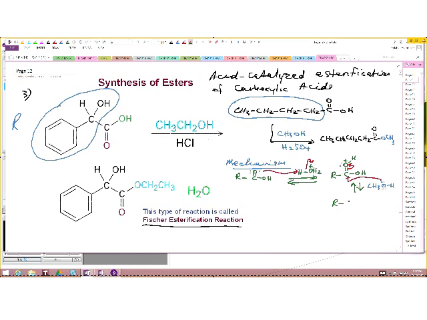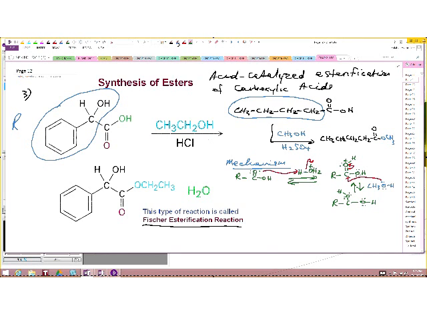Okay, so we have this. Now we have this here. When you draw the reaction mechanism, you need to account for all of your electrons, okay, and all of your atoms also.